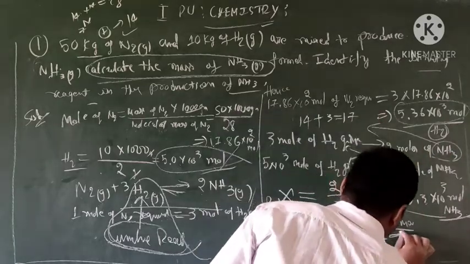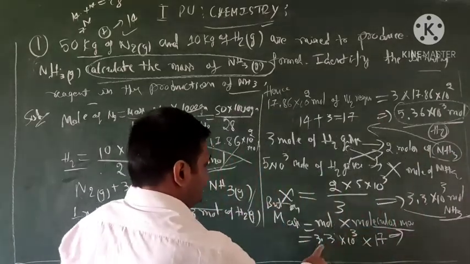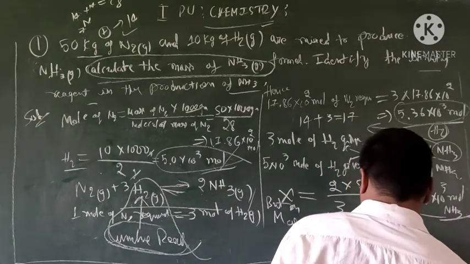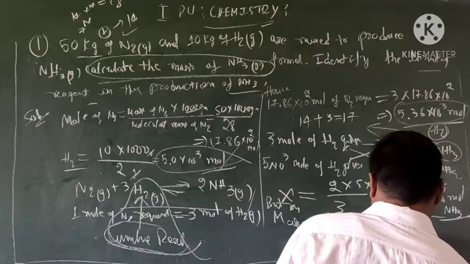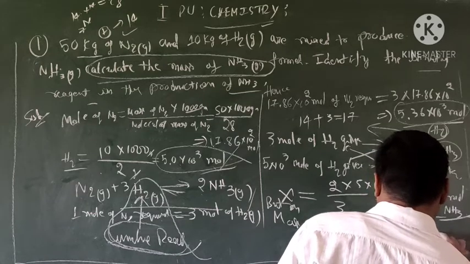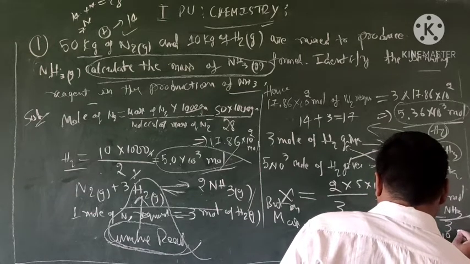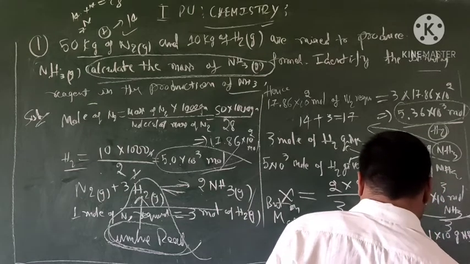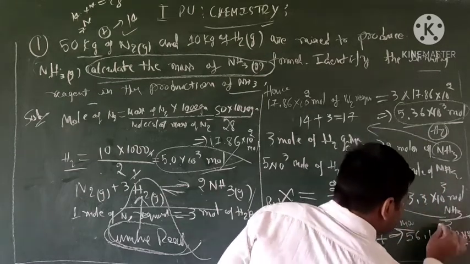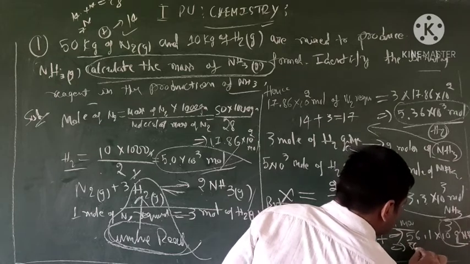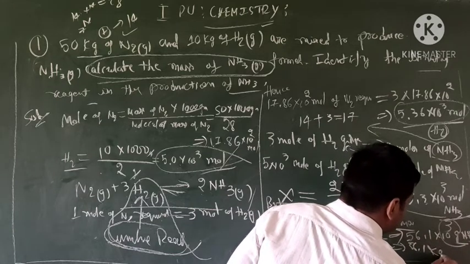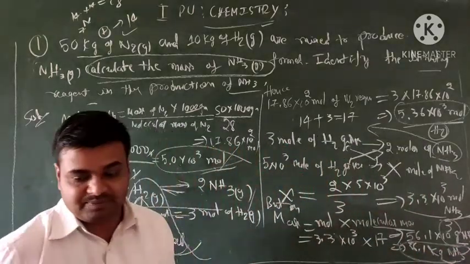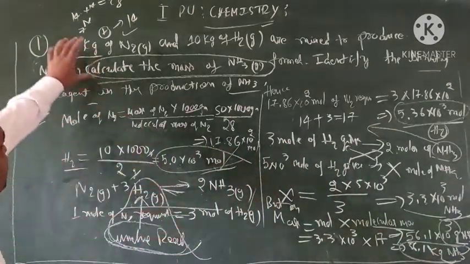So 17 into 3.3 into 10 to the power of 3 you multiply, which you write as 56.1 into 10 to the power of 3 gram of NH3 molecules. The gram will convert to kg, so this is 56.1 kg ammonia. Okay, this is the calculation you can get.